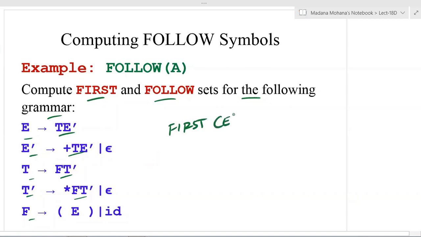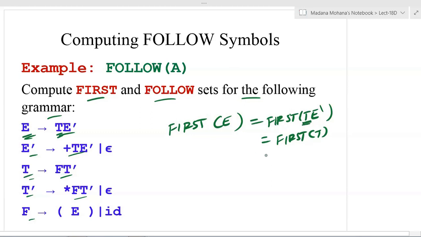First of E equal to this one, T E dash, nothing but first of T. This is equal to first of T dash. So here the first one you can consider. This is equal to first of T. If T contains null, that means first of T contains null or T derives null production, then you can consider E dash also. But here you can see T does not contain null production. So only the first one you have to consider.